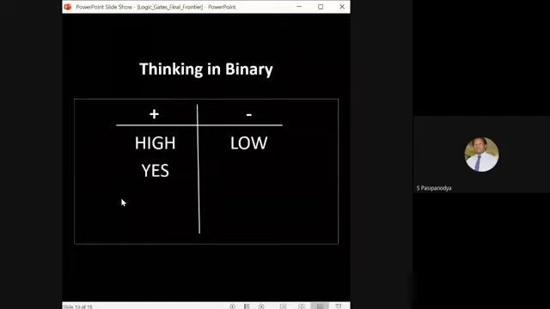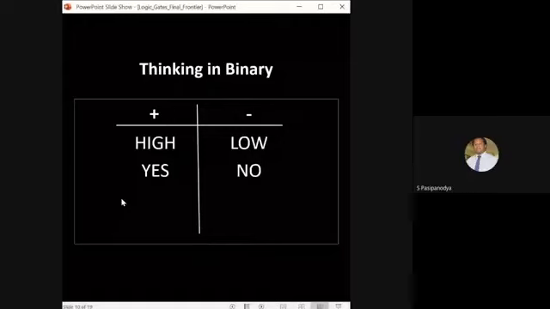And we go on to say a high input or a positive can also be recorded as a yes, and the low or negative input can be recorded as a what? No. A no.